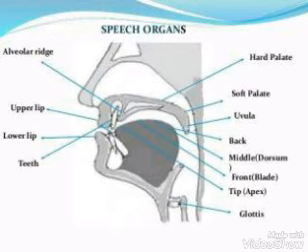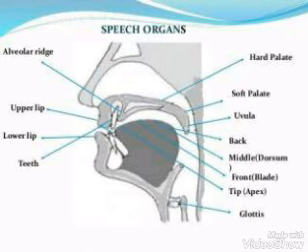19. Upper teeth, or gigi atas. Upper teeth play an important role in the formation of language sound. Examples of sound that are produced by upper teeth, such as, first, the language sound produced by the upper teeth and lower teeth is called the dental sound.